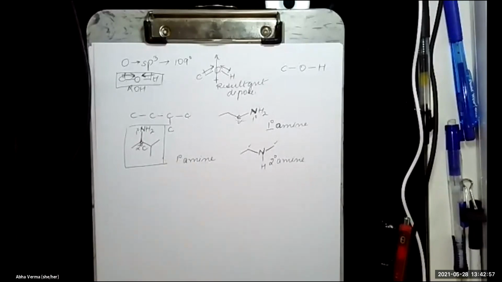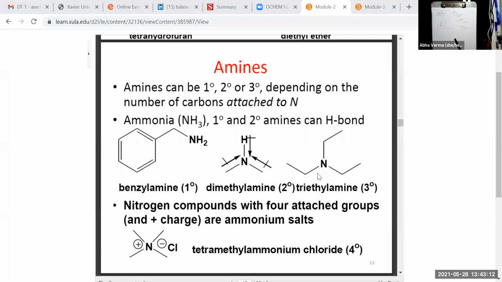And if you look at the example on the slide, oops, share my screen. If you look at this example right here, this nitrogen, all the carbons are saturated, so it is an amine.